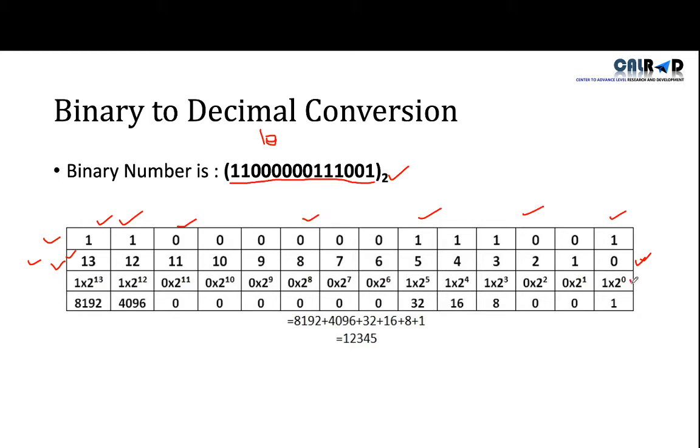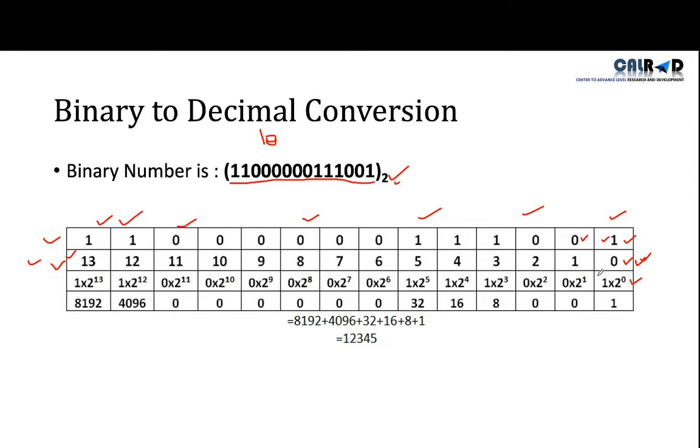Go to the third step. Because it is a binary number, you have to multiply your actual value with 2 to the power of this counting. Let's take an example.